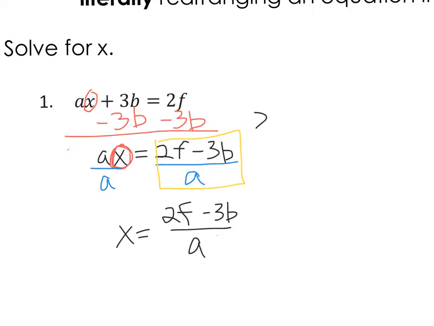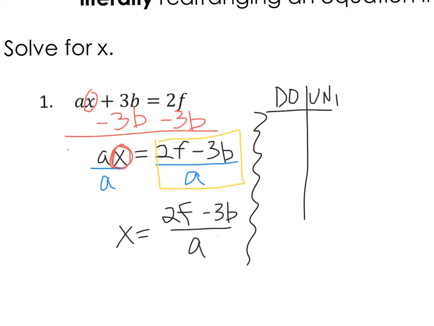Another way to do it is to do a do-undo chart, which, when you start getting really confused with all the letters, might be a better way for you to approach the problem. So what you want to do is go back to your starting equation and think about what I am doing to what I'm solving for. The first thing I do to what I'm solving for is multiply by a.